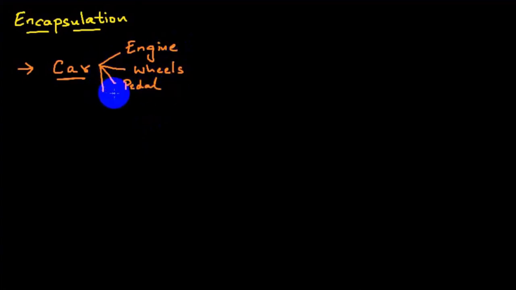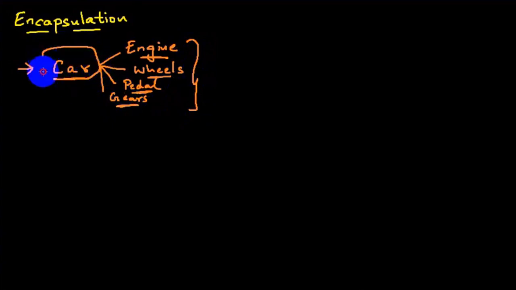For example, engine is a separate entity, wheels are a separate entity, pedal is a separate entity, and shift gears are a separate entity. So these are all independent attributes. Brake pedal, accelerator pedal, they're all separate entities. Only when I combine them together do we call it a car. So a car is nothing but us binding or grouping a lot of things together. That is called encapsulation.